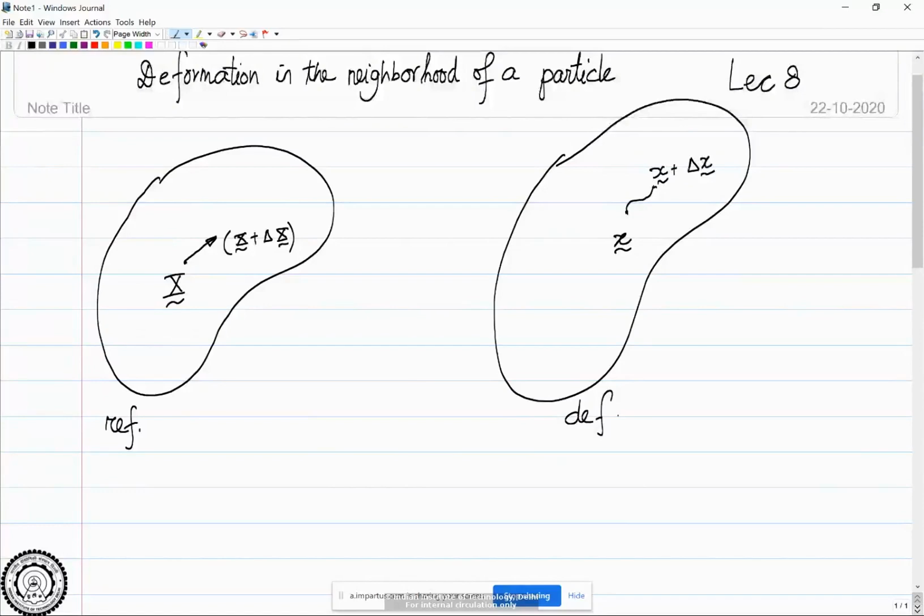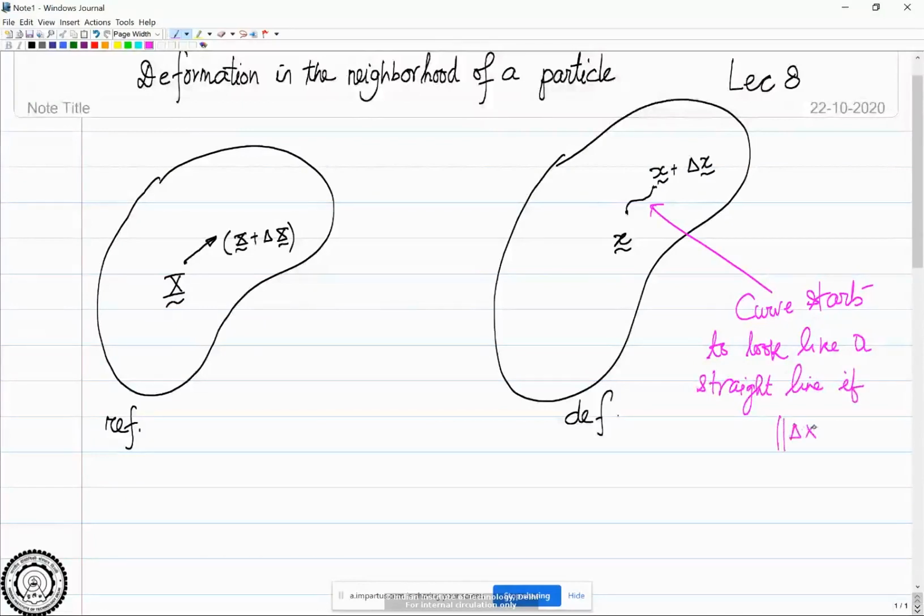But you see, as you take the line elements to be very, very small, this curve starts to look like a straight line if the magnitude of delta x goes to 0.